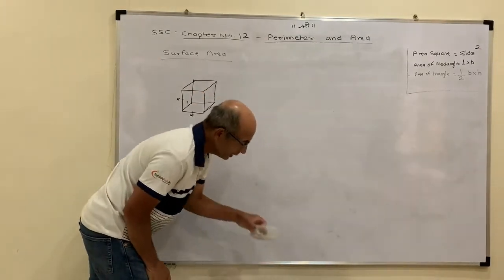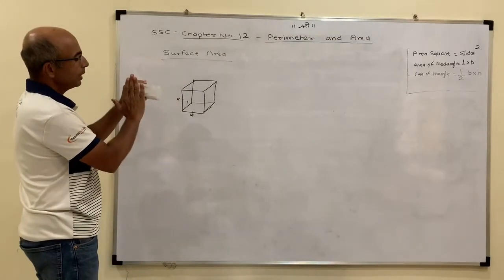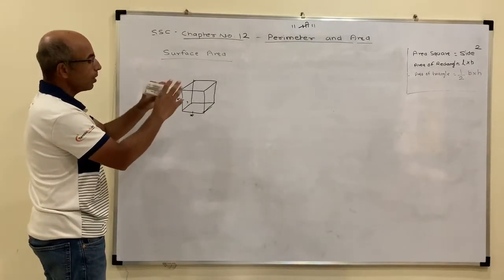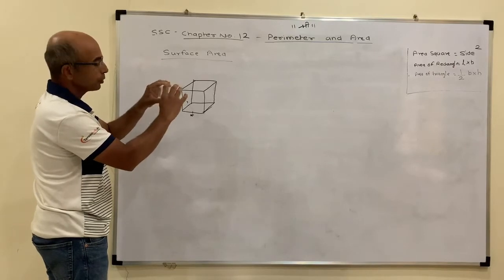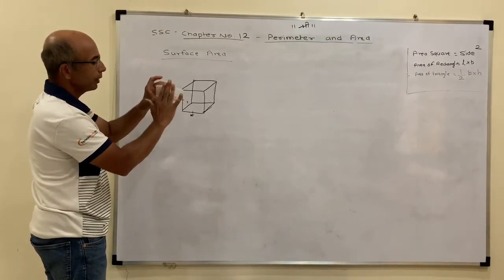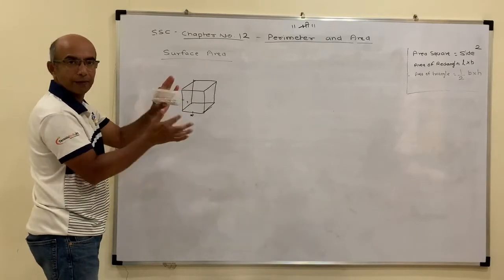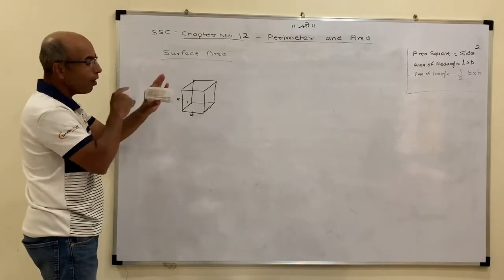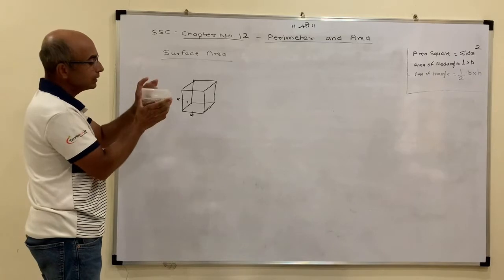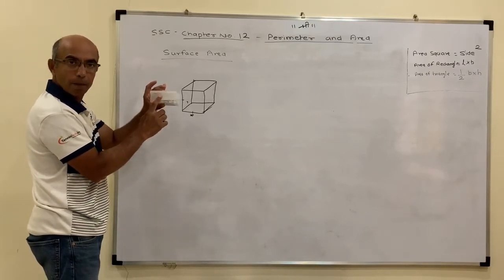Now, if you consider this is the cuboid, this box, this is one portion, this is another, 3, 4, 5 and 6. It has 6 surfaces. So, the total of all these 6 surfaces is the surface area of this box.